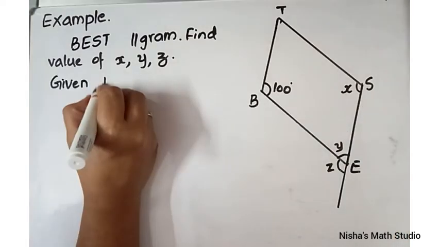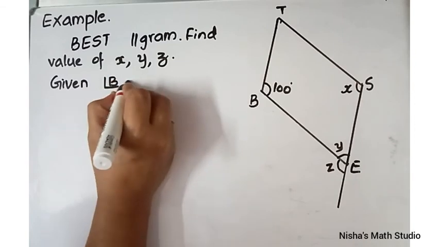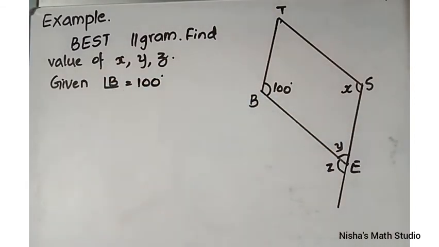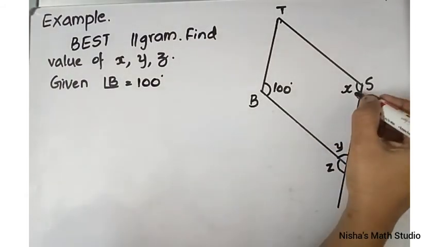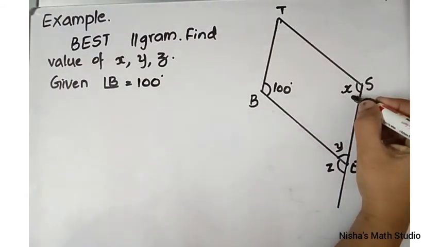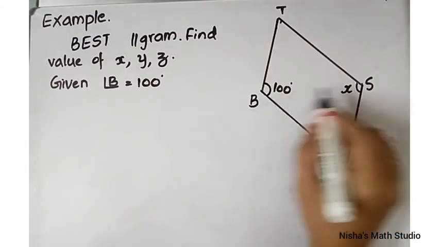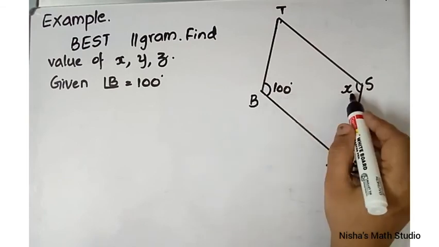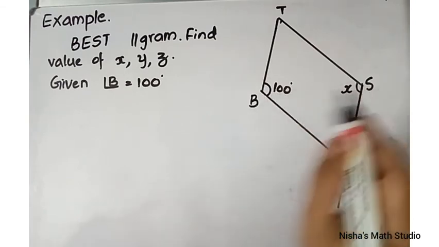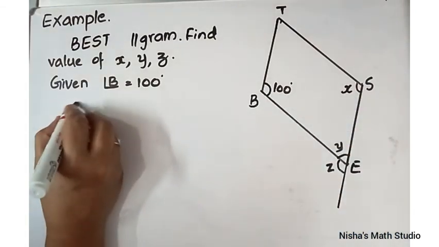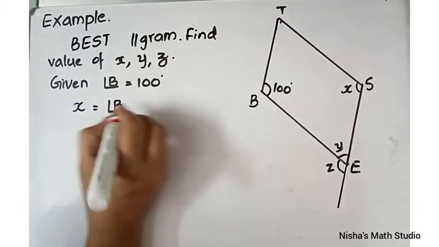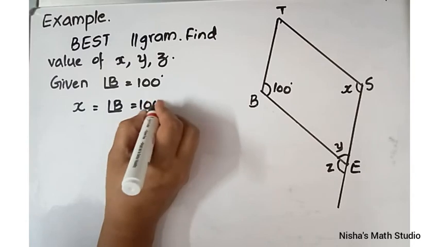Now, what is given? Angle B is equal to 100 degrees, according to the question. Now, I can find out angle X here, correct? How? Because opposite angles in a parallelogram are equal. I hope you remember the property. Opposite angles are equal. So, X will be equal to angle B, which is equal to 100 degrees.